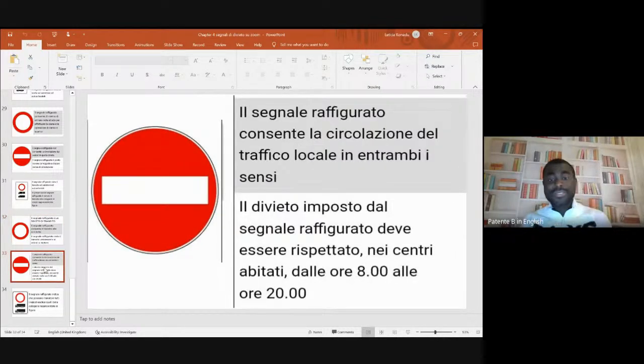Let's come to this one. Il segnale raffigurato consente la circolazione del traffico locale in entrambi i sensi. Il divieto imposto dal segnale raffigurato deve essere rispettato nei centri abitati dalle ore 8 alle ore 8 alla sera.